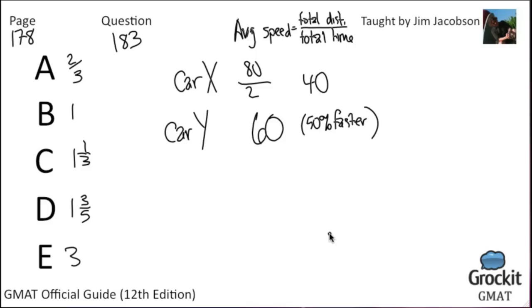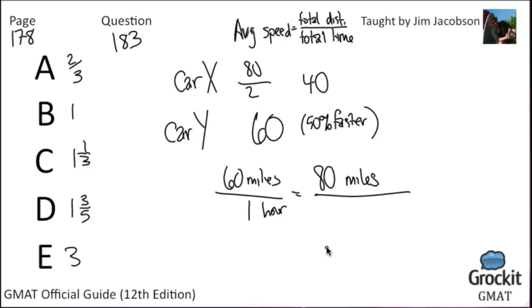Okay, so if car Y is going 60 miles every 1 hour, how long did it take it to go 80 miles? We'll call that x. So cross multiply: 60x equals 80, and x equals 1 and 1/3.